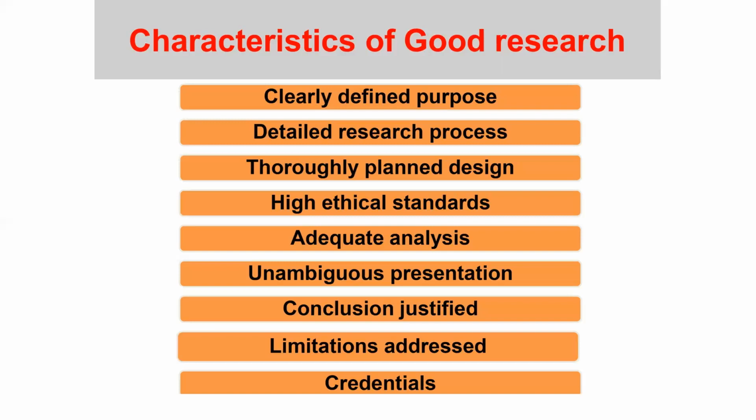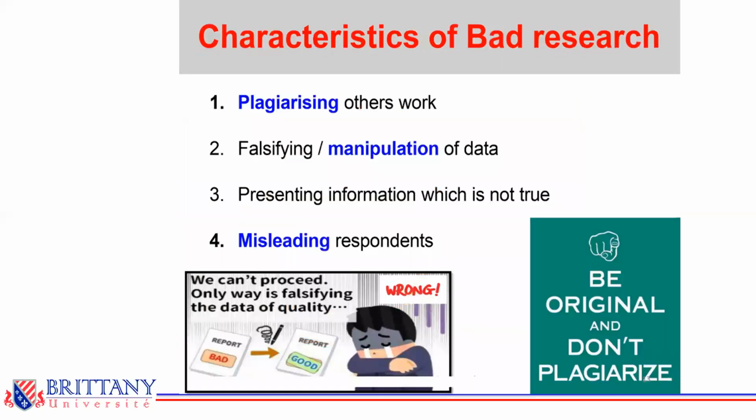There will be limitations, no doubt. Any research has limitations, but you need to justify what you have done to overcome them. And the last one is credentials, which is referencing. You have to reference properly. And these are the opposite characteristics of bad research.